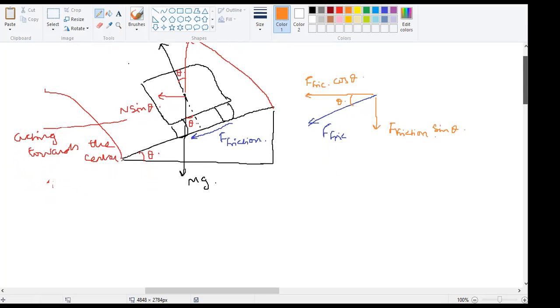So listen carefully. The way I would draw this diagram is N cos theta is acting upwards, mg is acting downwards, F friction sin theta is also acting downwards.